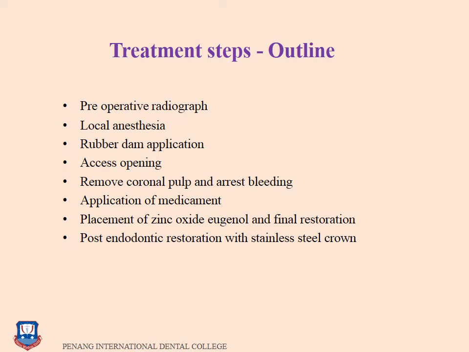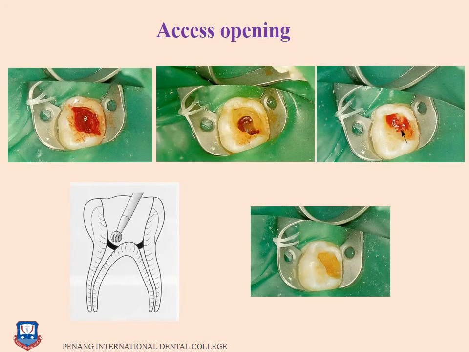After rubber dam application, the access opening and then removal of the coronal pulp to arrest the bleeding, after which there is placement of the medicament. Then is the placement of zinc oxide eugenol and the final restoration, and the post endodontic restoration with stainless steel crowns.